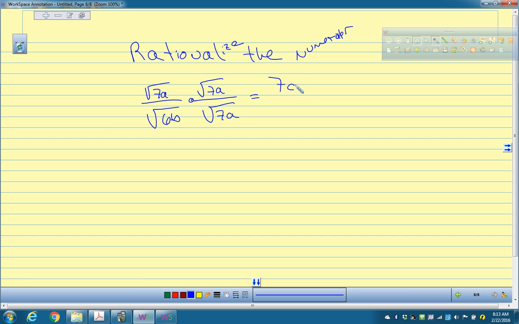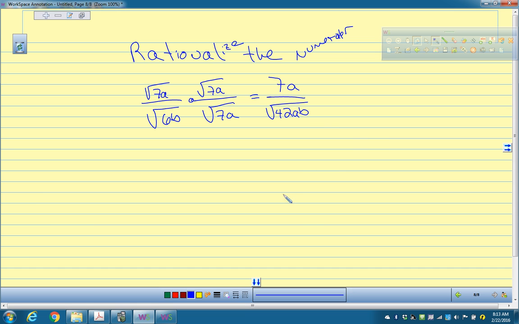Because this would be 49a squared, and the square root of that is just 7a. And over here, I just multiply these things together, so I get 42ab square root, and that's the answer. Okay, that's called rationalizing the numerator, which is slightly different than rationalizing the denominator.